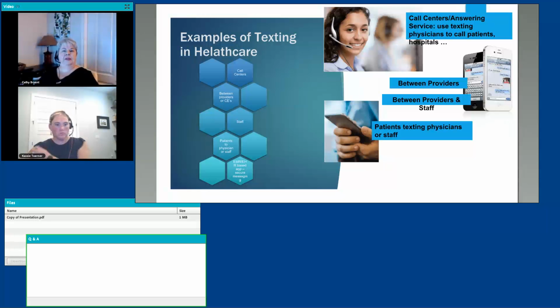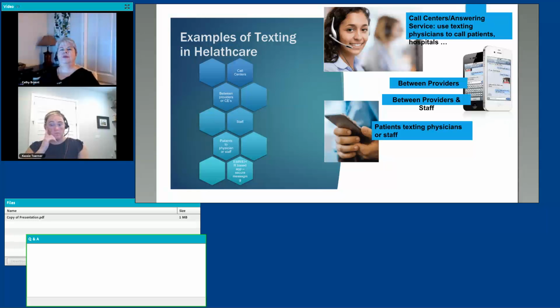We often hear about this with pediatric practices, where younger physicians may have kids on athletic teams with their patients' parents, or the patients are also on the same athletic team. And so parents often just use that cell number to send text messages that perhaps aren't appropriate.